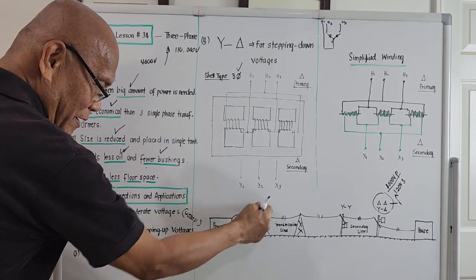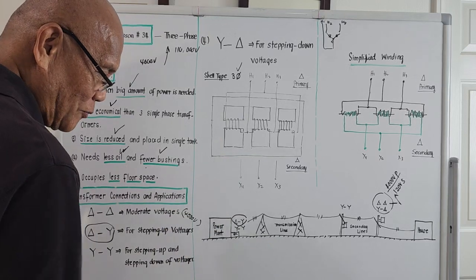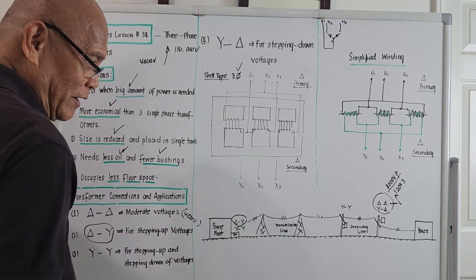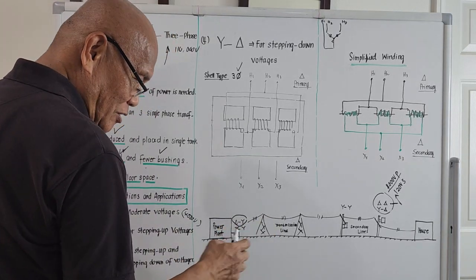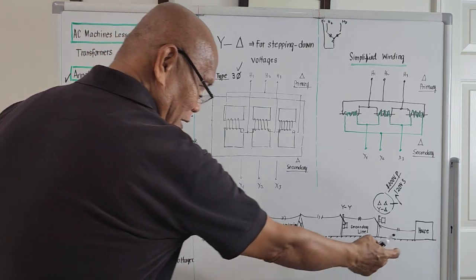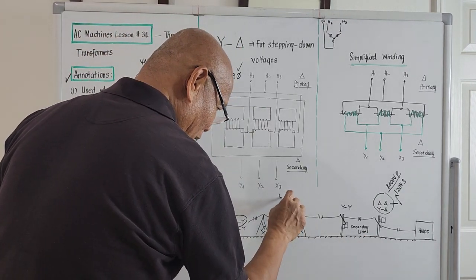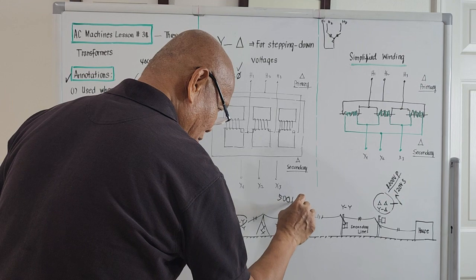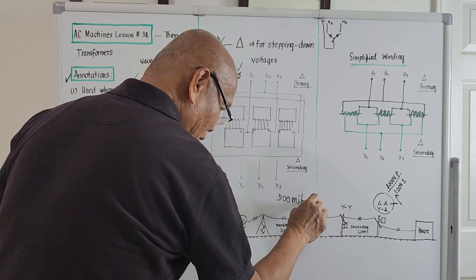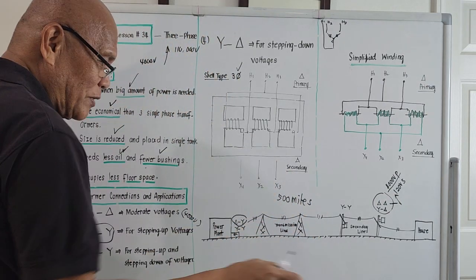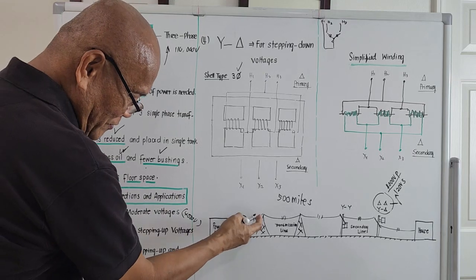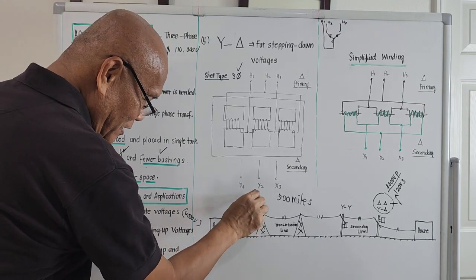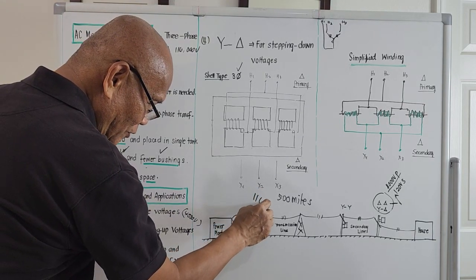It should be high. Why should it be high? If you feed it to the transmission line, and the distance between the power plant and the household is, assuming, 500 miles, just make sure that the voltage starting here will be high. It could be 110,000 volts maybe.